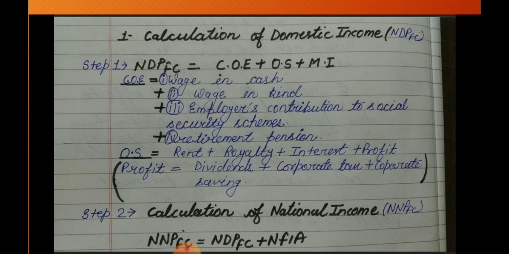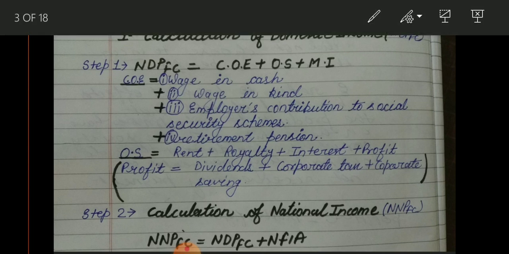First of all, in step 1, when we add these three, COE, OS and MI, compensation of employees, operating surplus and mixed income, then we are able to get NDPFC.